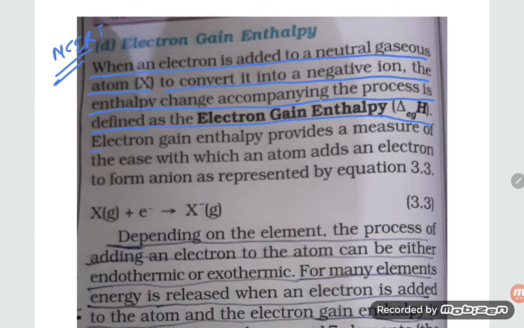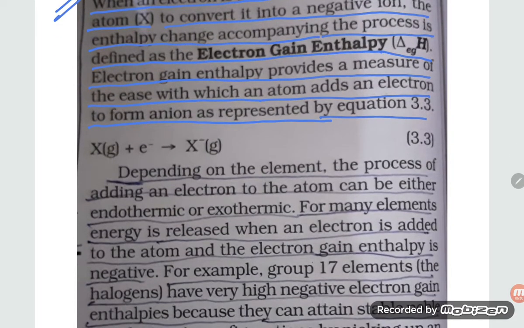Electron gain enthalpy provides a measure of the ease with which an atom adds an electron to form an anion, as represented by equation 3.3.